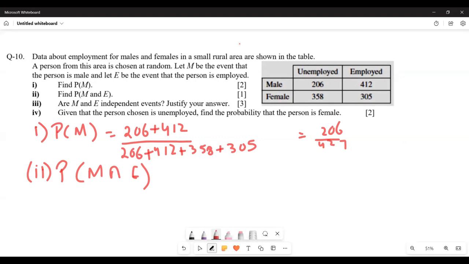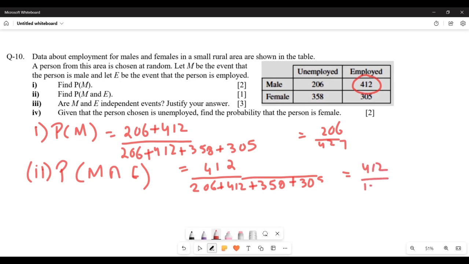So it's going to be, how many employed males do we have in the data? 412 divided by total 206 plus 412 plus 358 plus 305. जो भी है ये. So that would give us, I've written 412 upon 1281.